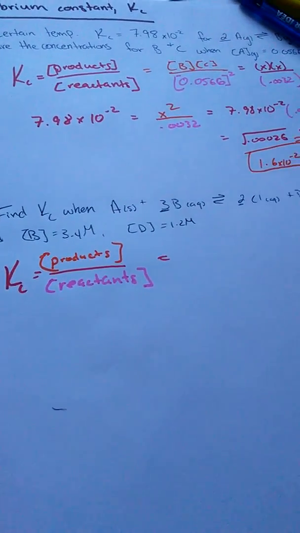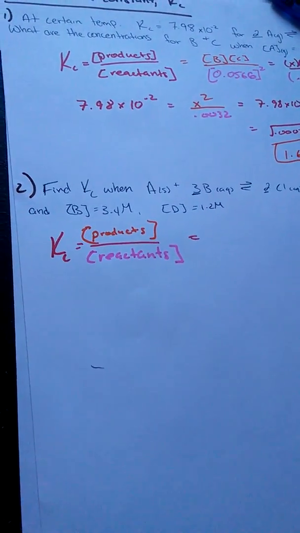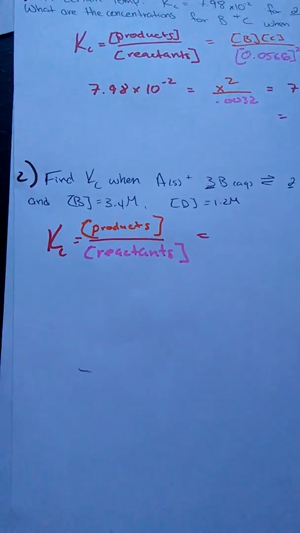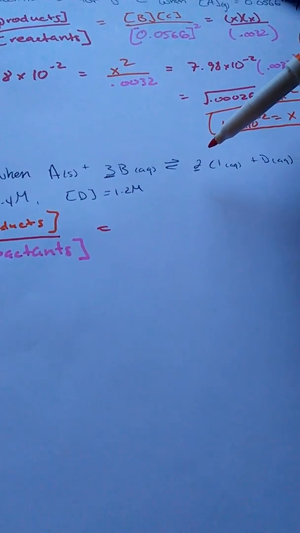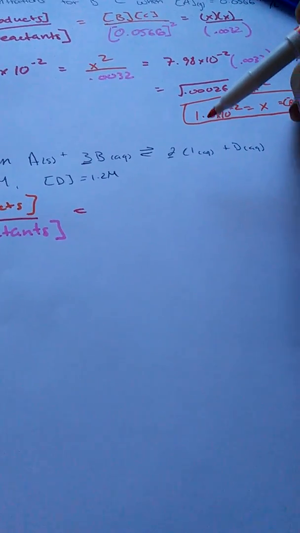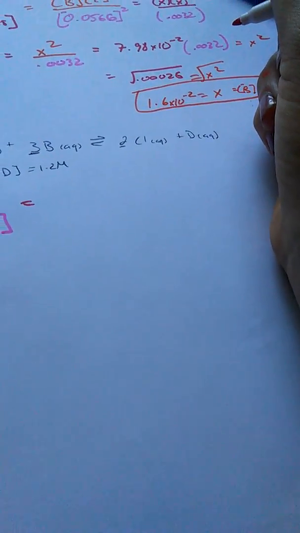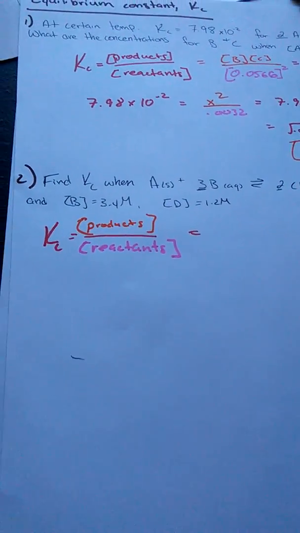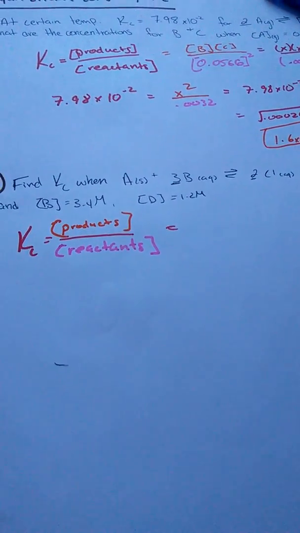Our second problem is going to be still Kc. We're still trying to find Kc, and they give us this equation. A plus 3B equals 2C plus D. And concentrations of B equals 3.4 molar and D equals 1.2.